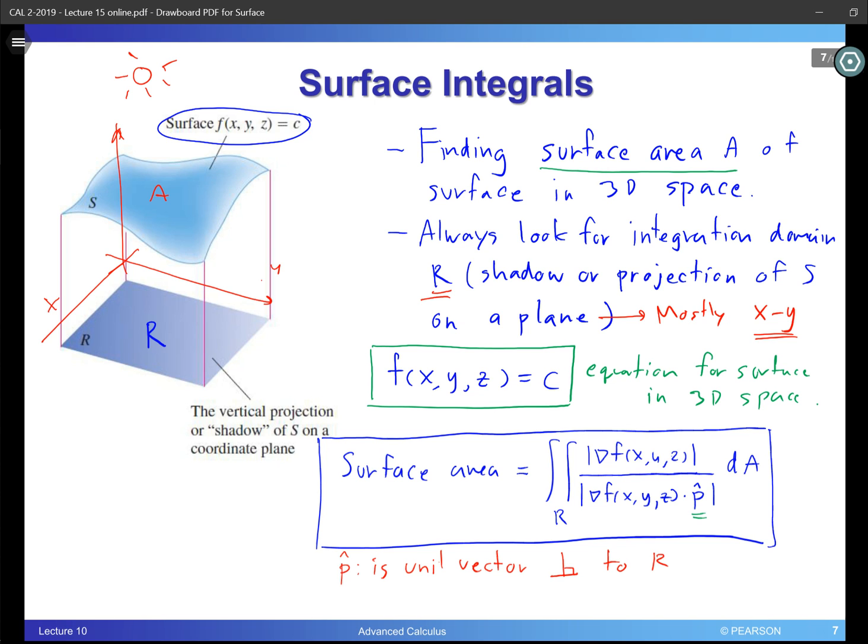So think of this: R is on the XY plane, right? So if P is something that is orthogonal to R, it's going to look like this, orthogonal to this R, which is on the XY plane.